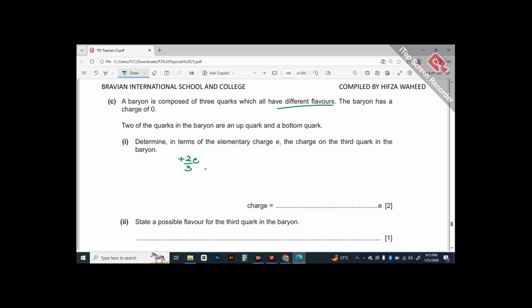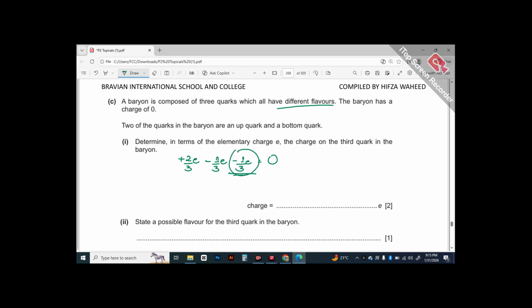Then we have bottom. Bottom has a value of minus 1 by 3 elementary charge. And they've said the resultant charge is 0. What should be the value here? Plus 2 by 3 minus 1 by 3. In order to get final 0, it has to be minus 1 by 3e here.